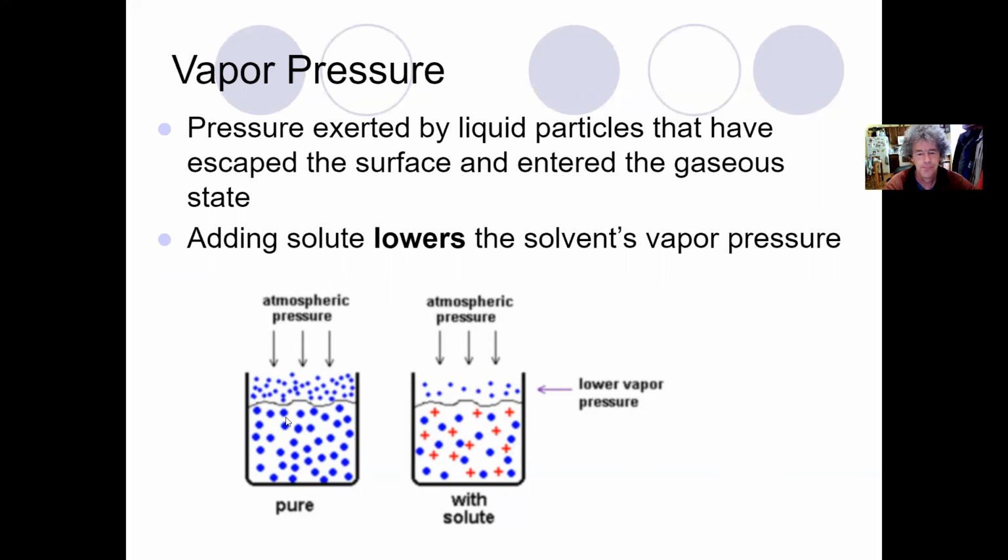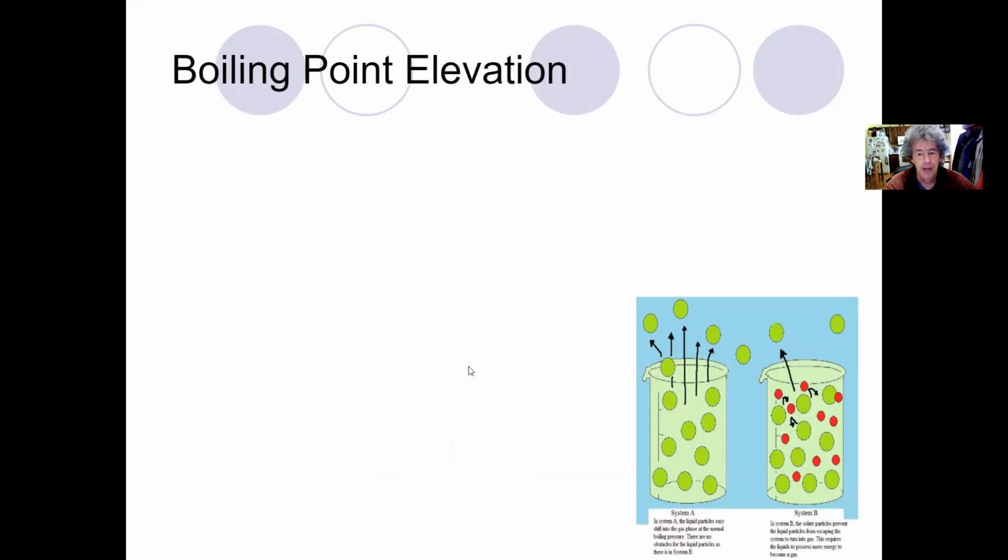So pure water will have lots of things hitting. Here, some of the surface is blocked by the solute, so the effect of the particles pushing down will be less. Because of that, a couple of different situations happen. First off, the boiling point will actually get higher in an impure substance than in a pure substance.